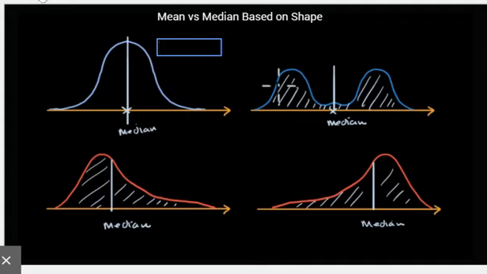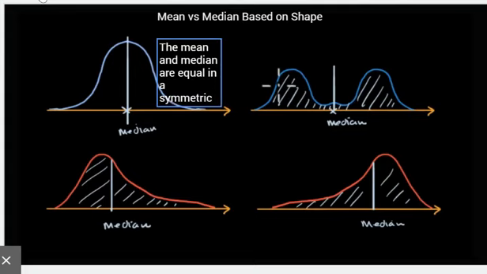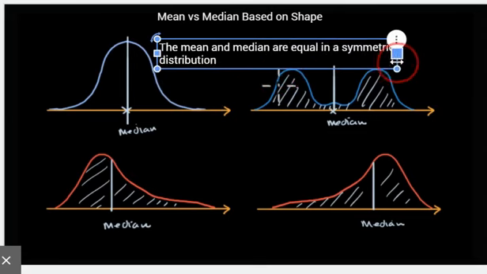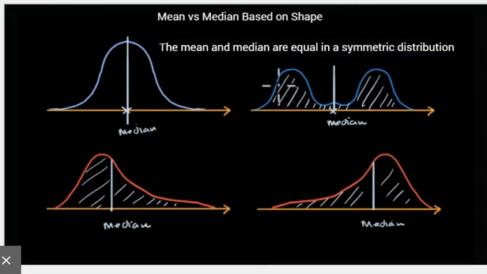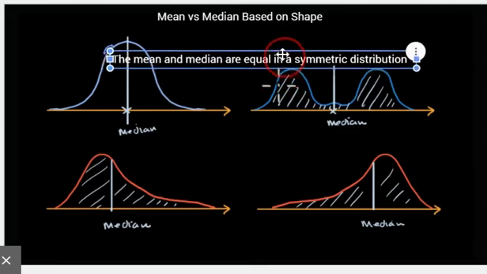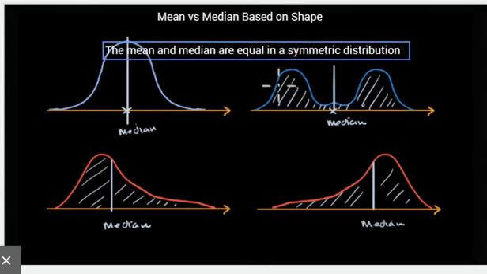So I'm going to put this right here and say the mean and median are equal in a symmetric distribution. So it doesn't matter whether it's bell-shaped or not. If you have a symmetric distribution, the mean and the median are going to be equal to each other.